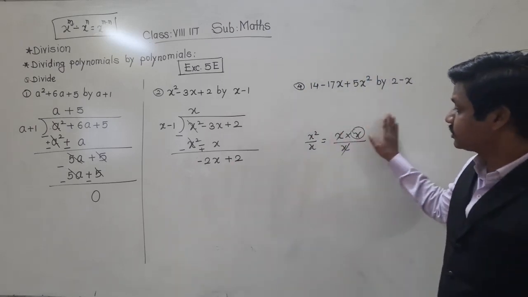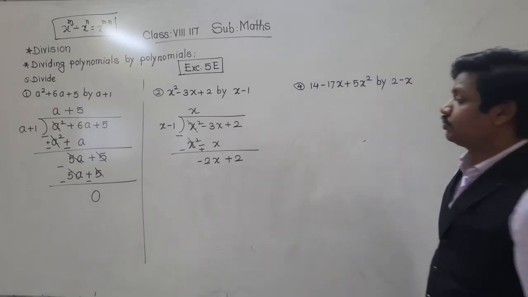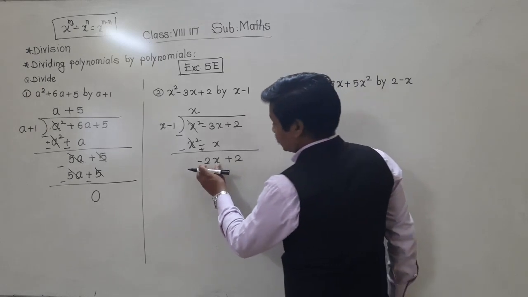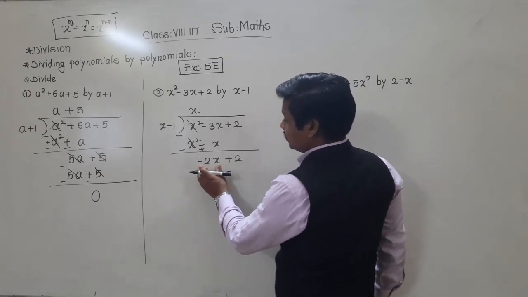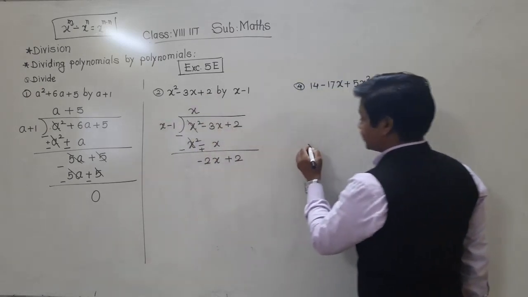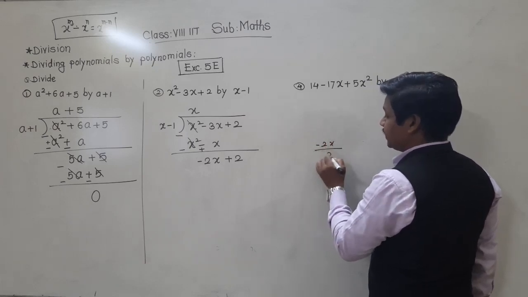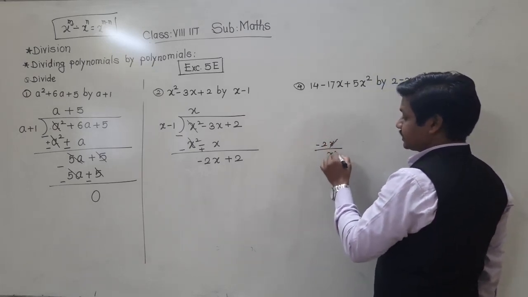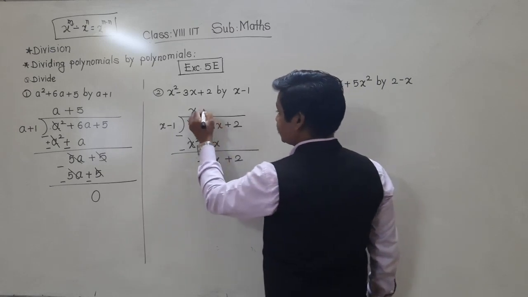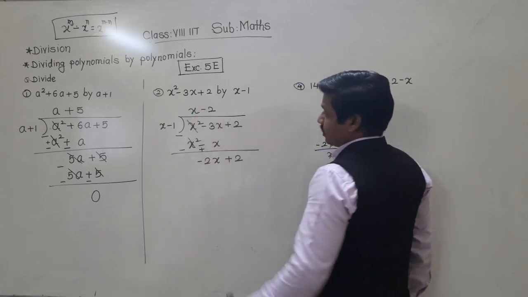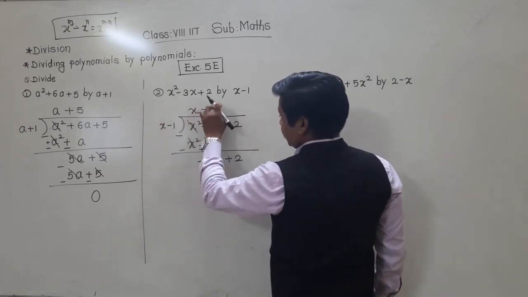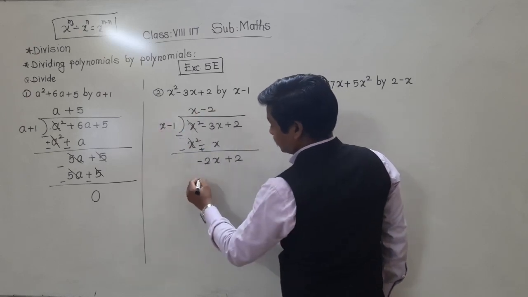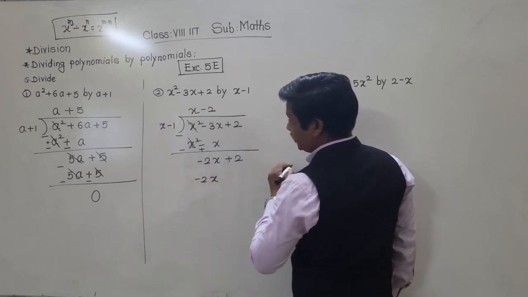Now we have to divide minus 2x plus 2. Again the same: divide the first term of the polynomial by the first term of the divisor, that is minus 2x divided by x. x cancels, remain minus 2. Write that here, minus 2. And multiply this divisor by minus 2. Minus 2 into x, minus 2x. Okay?